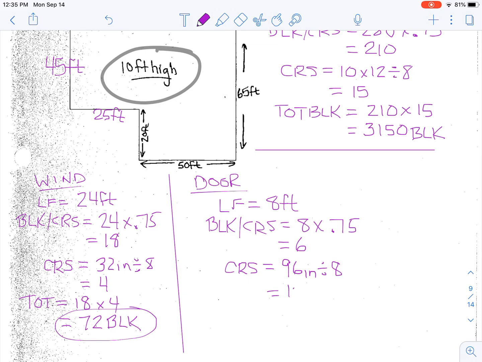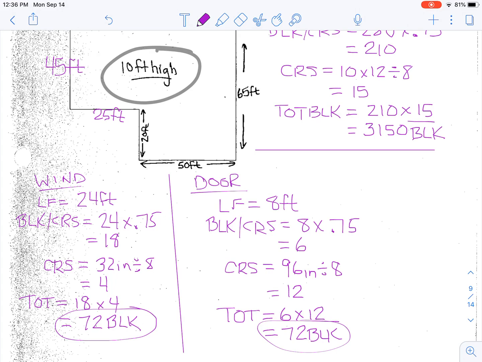So that means we're going to do 12 courses in that door. We need to calculate then the total number of block that's going to be in the door space. To do that, we take blocks in a course times the number of courses. We have 72 block that are going to show up in the door space.